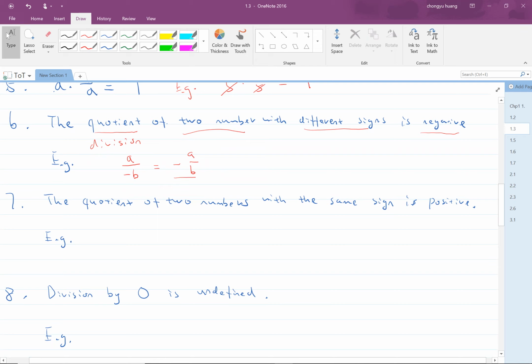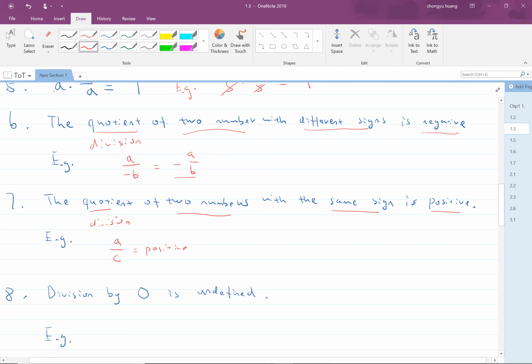The quotient of two numbers with the same sign is positive. Quotient means division, so maybe you have numbers A and C. A is positive and C is also positive. Simply because they have the same sign, this is going to be positive.